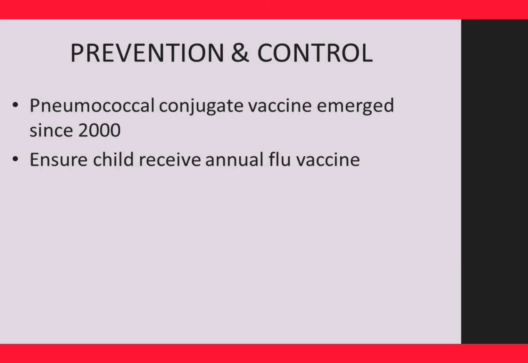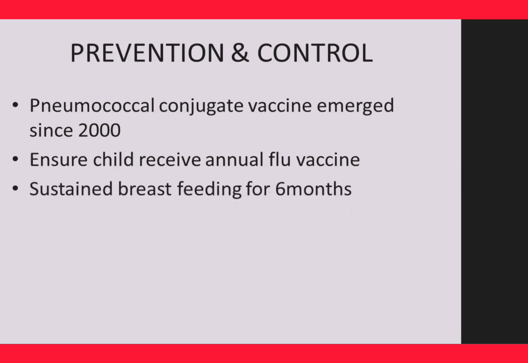I've just mentioned that children who have an upper respiratory tract infection will usually progress to have otitis media, whether treated or not. Sustained breastfeeding for 6 months helps to build the immunity of the child, and so it helps the child withstand the problem of otitis media.